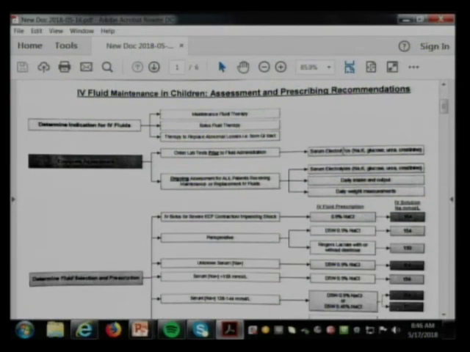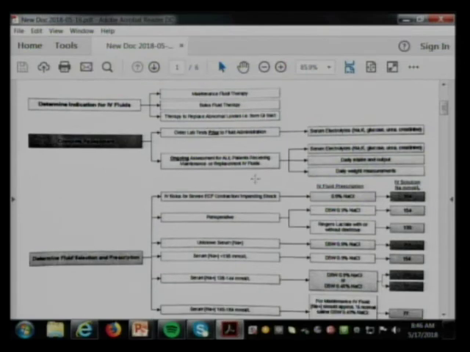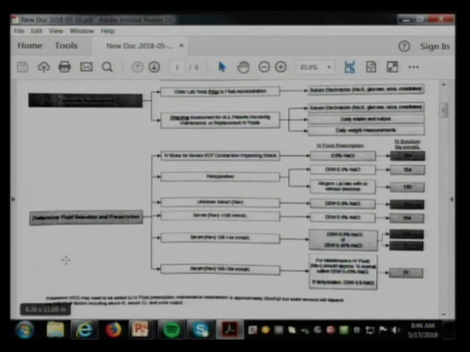Gives a little algorithm here to determine indication for IV fluid. So are we doing maintenance, or bolus therapy to replace abnormal losses, like from the GI tract? This says complete assessment. They recommend ordering lab tests prior to giving fluid administration, because if you don't know what your sodium and potassium are, how do you know what you're going to order? Ongoing assessments for all patients receiving maintenance fluids, and then some recommendations about determining fluid selection and prescription.